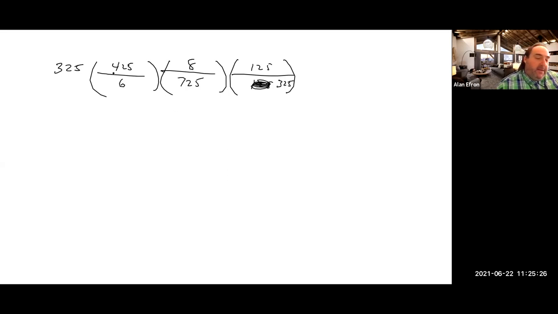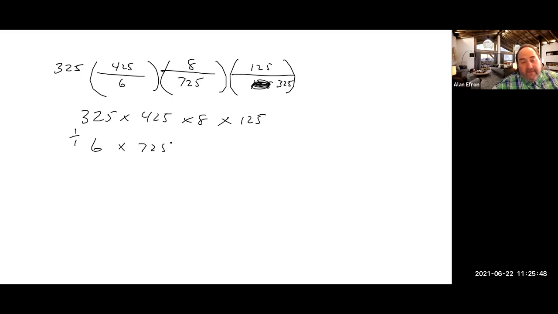325. Now, technically what you should be doing here is, again, multiplying across the top. So technically you should be taking 325 times 425 times 8 times 125, and then dividing by what's on the bottom: 6 times 725 times 325.